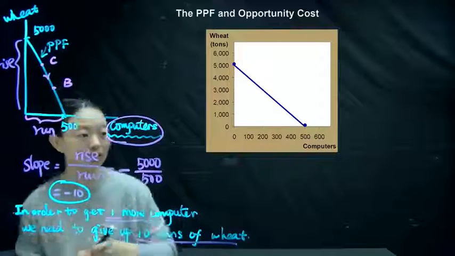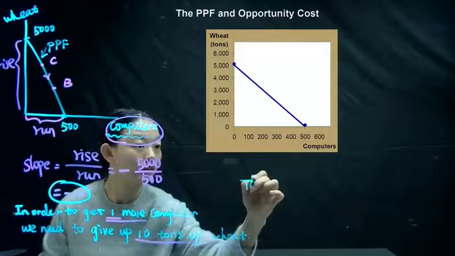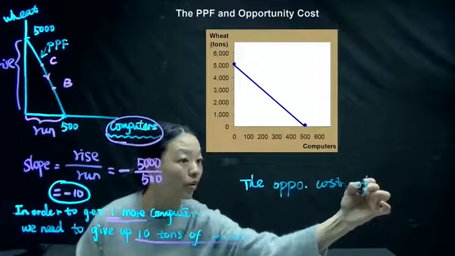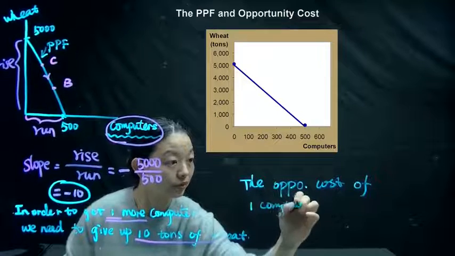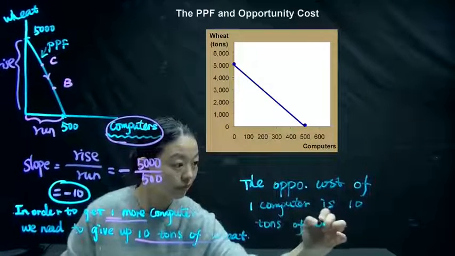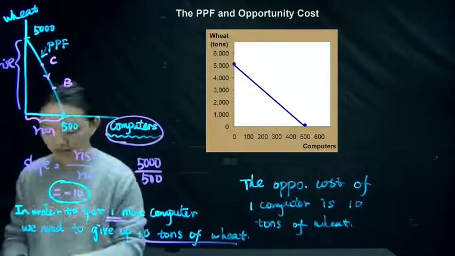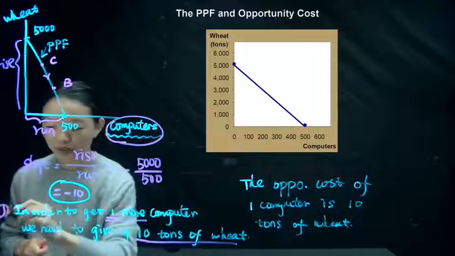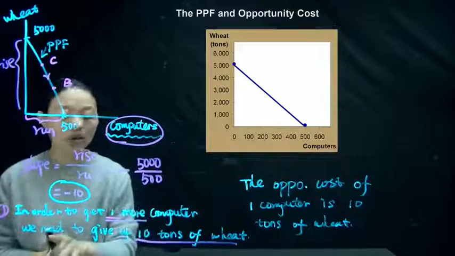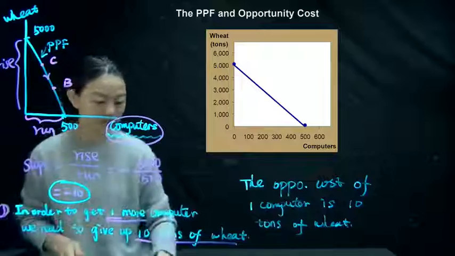On the other hand, we can also say the opportunity cost of one computer is 10 tons of wheat. So this negative 10 has two economic implications. In order to get one more computer, remember computer is on the horizontal axis, we need to give up 10 tons of wheat. Or we can say the opportunity cost of one computer is 10 tons of wheat. Understand?